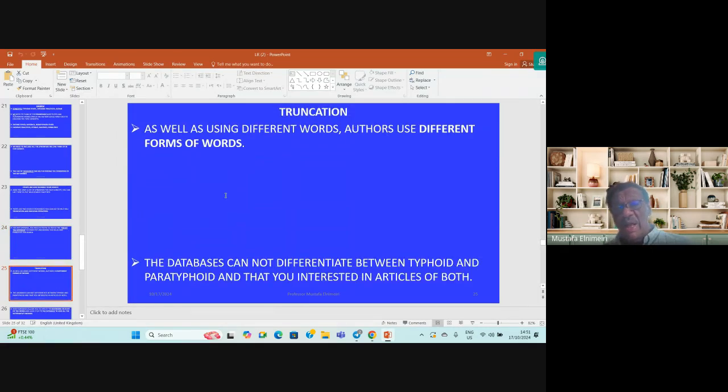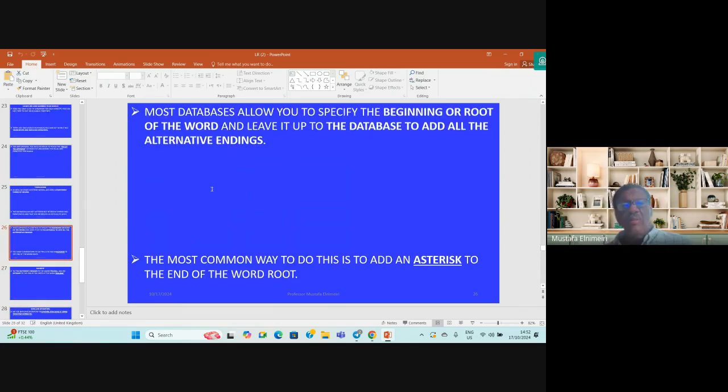The truncation, as well as using different words, we use different forms of words. The databases cannot differentiate between typhoid and paratyphoid, and you may be interested in articles including both typhoid and paratyphoid. So, for example, most databases allow you to specify the beginning or root of the word and then leave it up to the database to add all the alternative endings of that word.